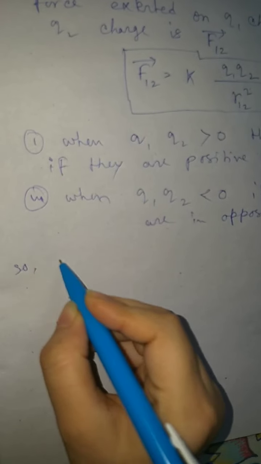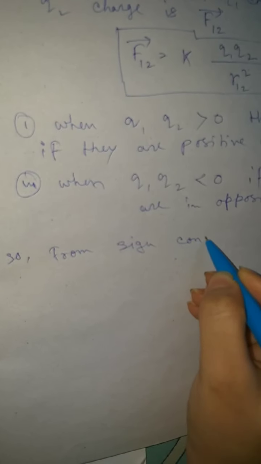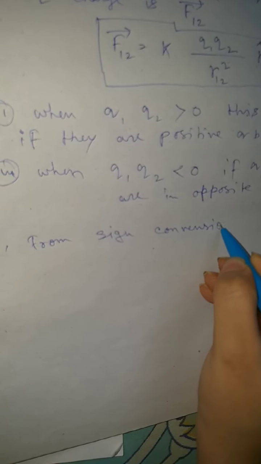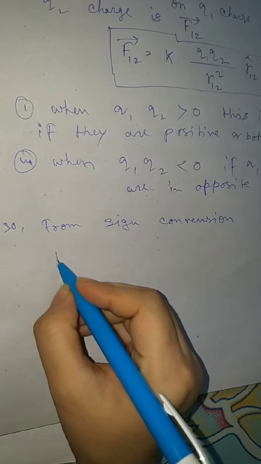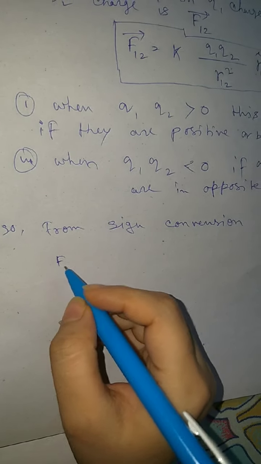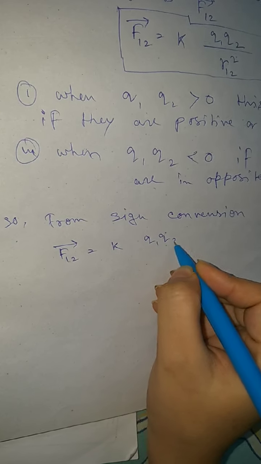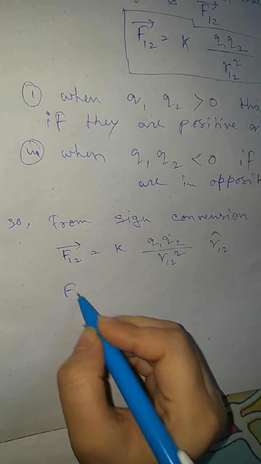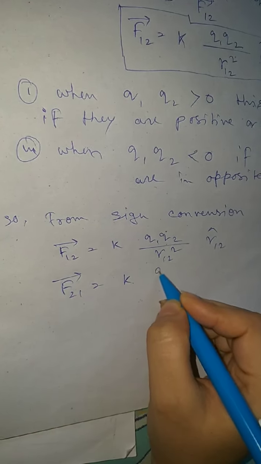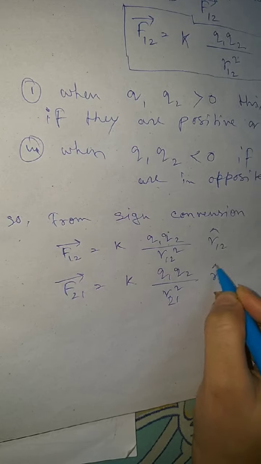So for sign convention, F12 vector equals K Q1 Q2 by R12 square R12 cap, and F21 vector equals K into Q1 Q2 by R21 square R21 cap.